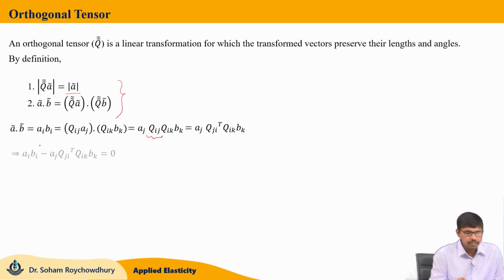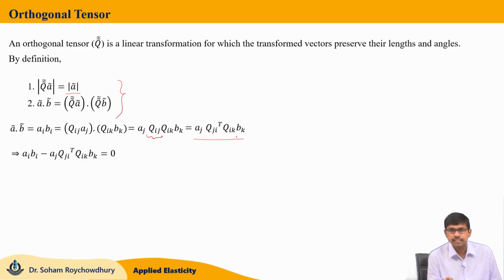Now, the left hand side of this equation, A_i B_i, equals this particular expression. Now, the right hand side is taken towards the left hand side. So, A_i B_i minus A_j Q^T_ji Q_ik B_k equals 0.